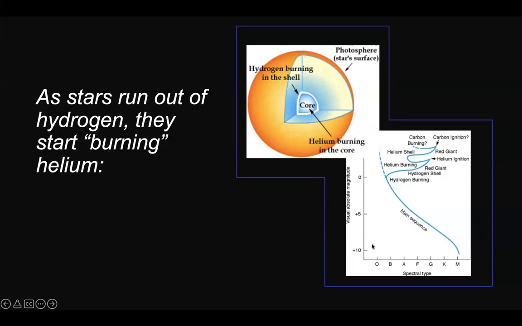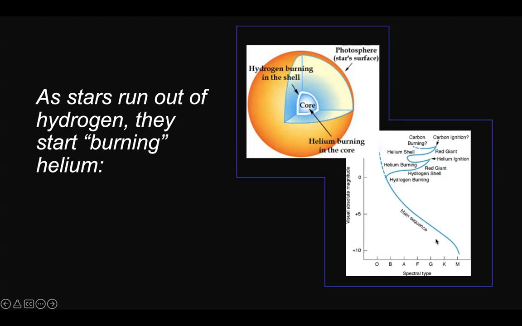And what you see on the y-axis is the visual absolute magnitude. If you plot this diagram for most stars, you will see that many stars sit on this line, which is called the main sequence. This is the time when stars are converting hydrogen to helium.